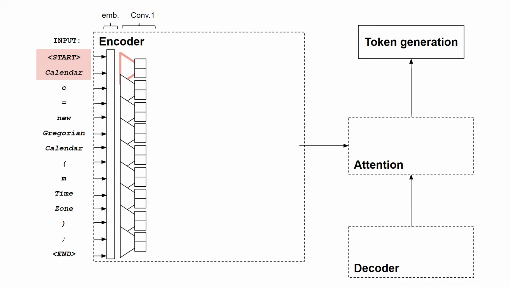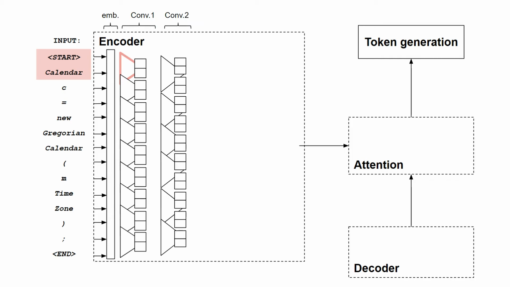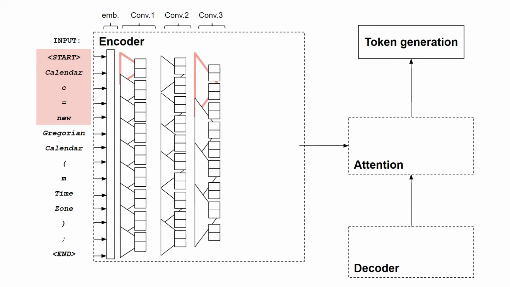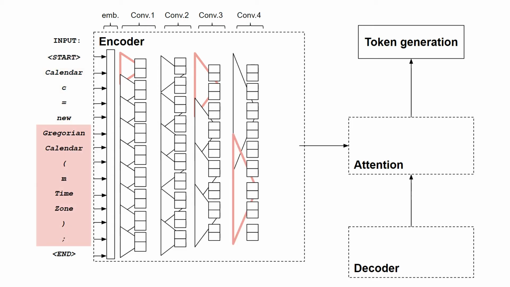This represents information at a low level. However, we have other layers that have a larger kernel size and that encode relations between more distant tokens. This allows us to represent the code at different levels of granularity much more easily than it would be with an RNN layer.